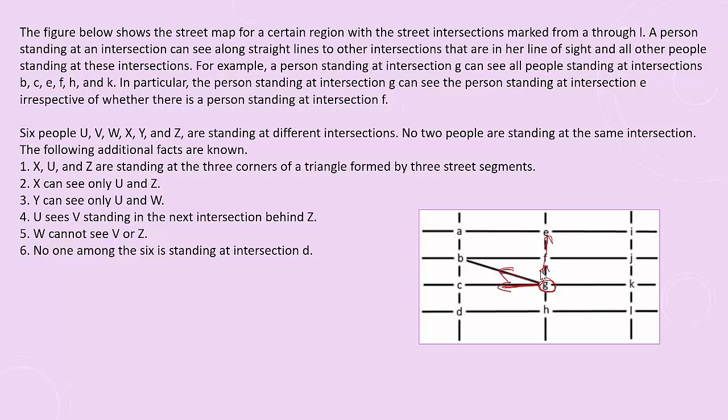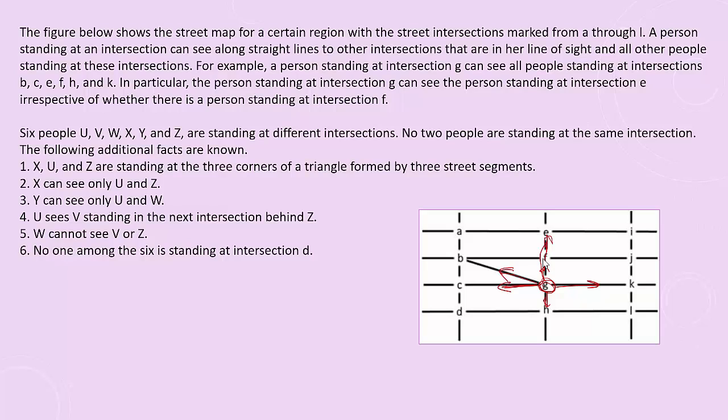Then F, then H, then K. In particular, the person standing at intersection G can see the person standing at intersection E. So this person can see this person also. That means in a straight line a person can see anyone, regardless of whether there is a person standing at intersection F.